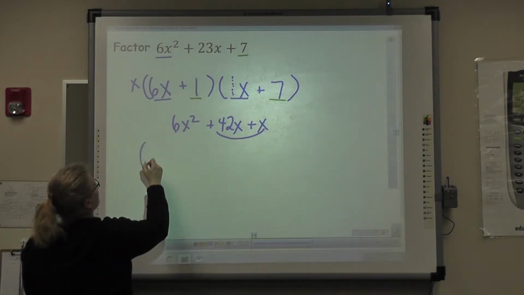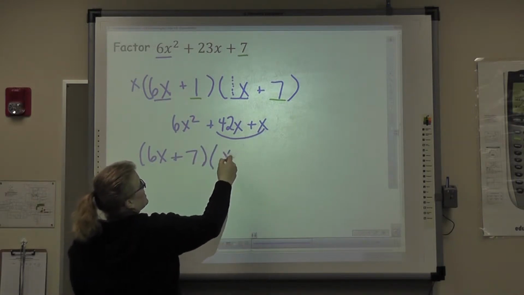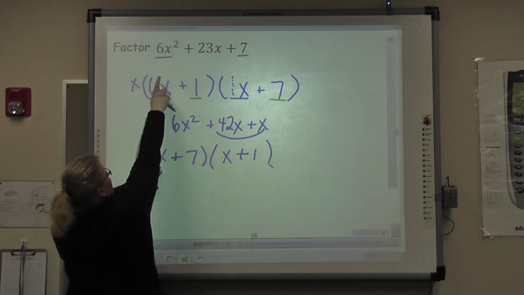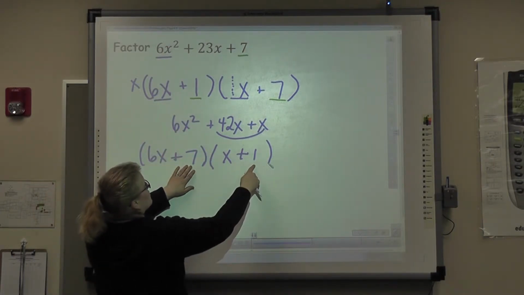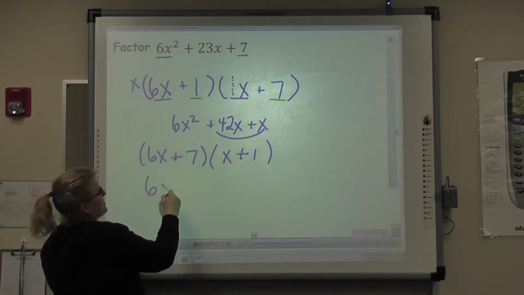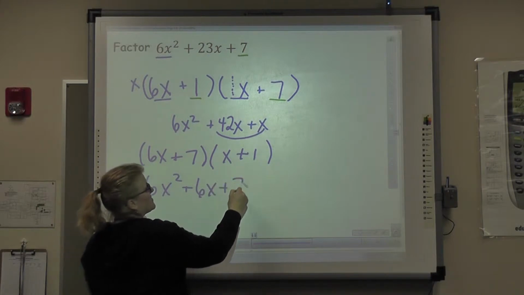We're going to try 6x plus 7 times x plus 1. Again, 6x times x will give me the x squared. 7 times 1 will give me the 7. Okay, so 6x squared plus 6x plus 7x.